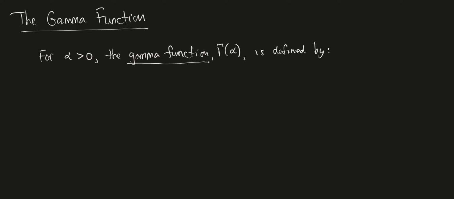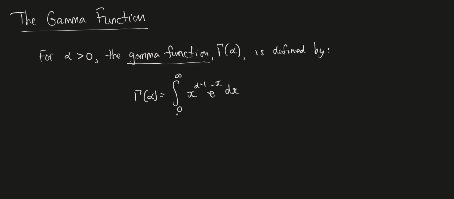So this is what we're defining, and it turns out this is a function that is defined in terms of an improper integral. So it's the integral from 0 to infinity of x to the alpha minus 1 times e to the negative x dx, right?